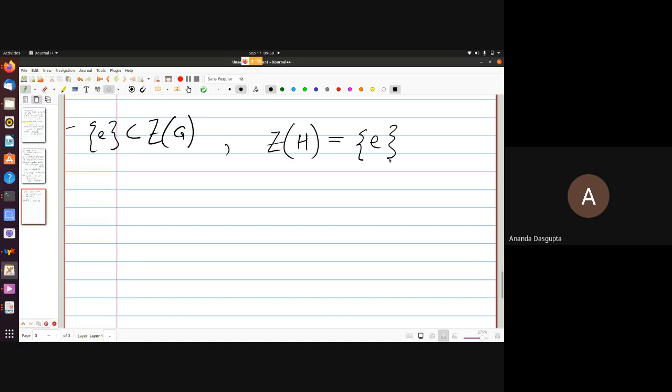So you have to have this additional property before you can claim that N and H form factors in this semi-direct product, which will give you G. So the question, of course, is when we define the semi-direct product, we did not define it between just two subgroups.